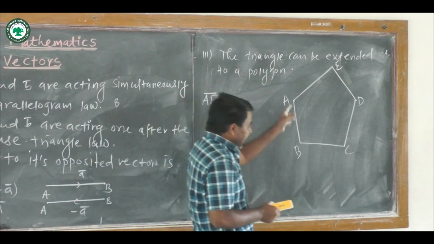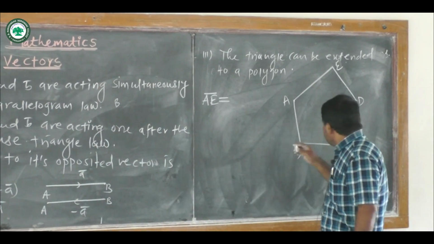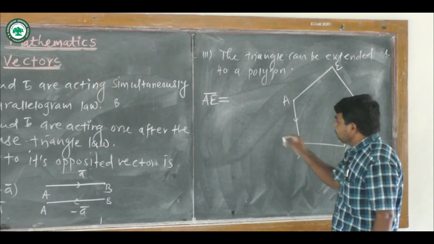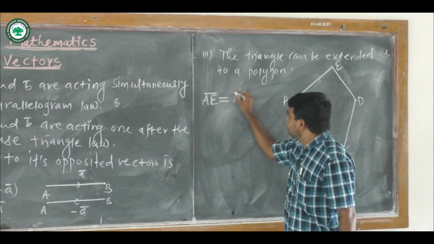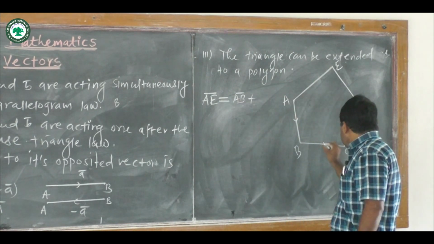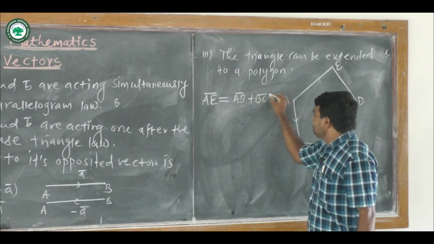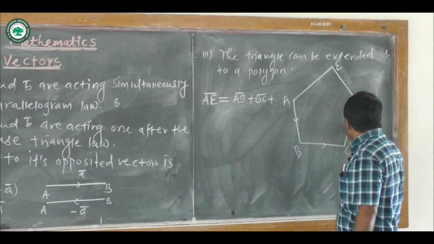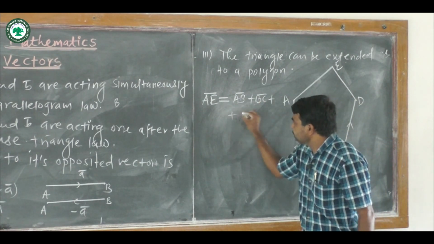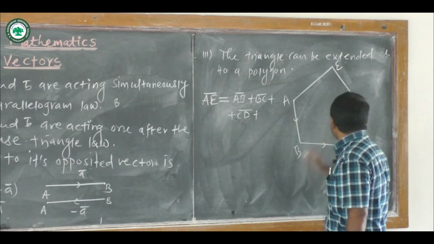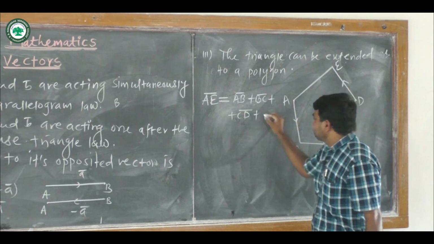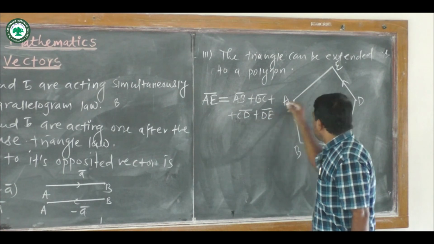So see, it is AB bar plus BC bar plus CD bar plus DE bar. And what is this?